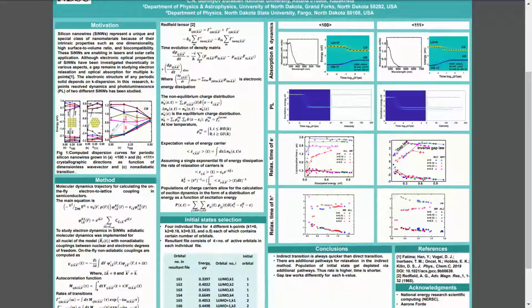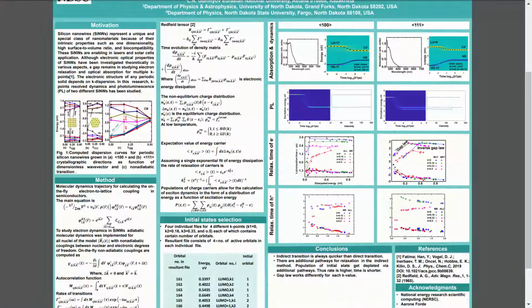Using this equation, we can calculate the coupling between electron and nuclear motion. This is the equation for calculating non-adiabatic couplings between electron and nuclear degrees of freedom. Once we have these coupling equations, we can get the autocorrelation function from that equation, and then rates of transitions.